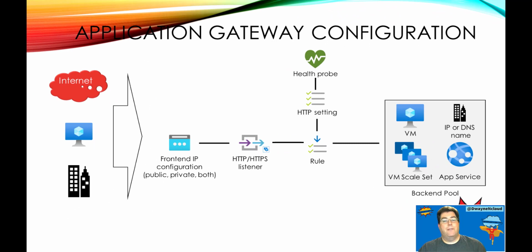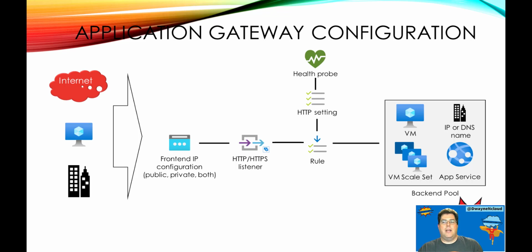This diagram shows a different aspect of how you might see the application gateway configured. You have your internet, you might have virtual machines, you might have businesses that are trying to access through a configured front-end IP address, and then the HTTP header is added to that front-end IP address to allow the filtering.